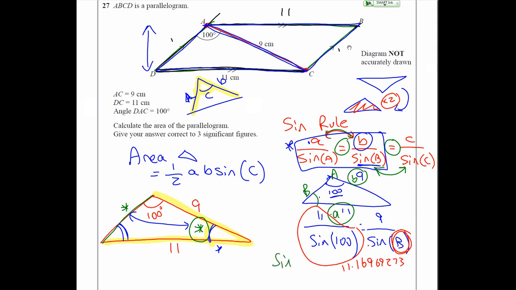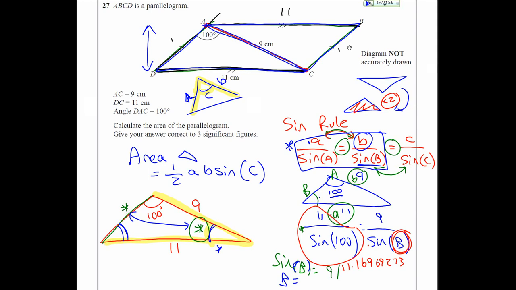So sine B equals 9 over what we just said, because we're dividing by this to get rid of it. It's just a number, remember, don't panic too much. To get B out of sine, it's not sine times it, it's sine of it. We need to do the inverse of sine, which is sine to minus 1.